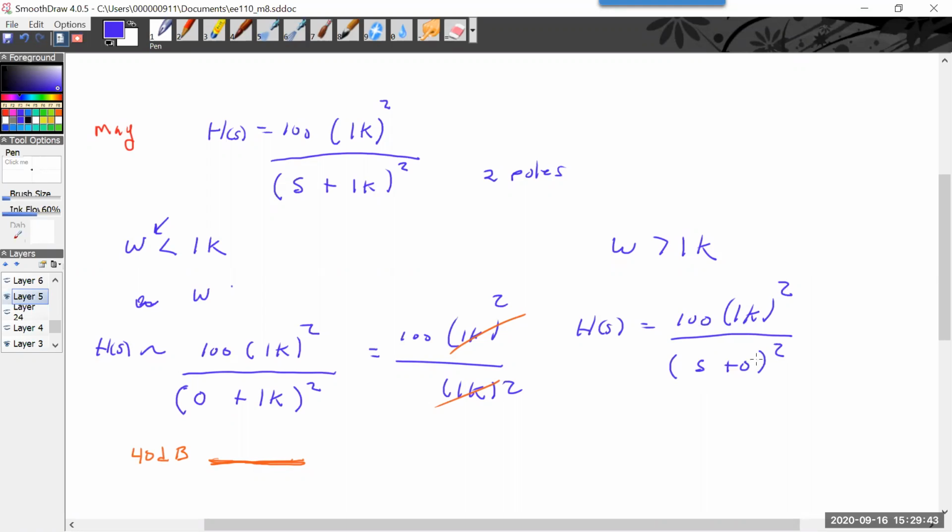These are asymptotic plots, and this is approximately. So when we find the magnitude of that, we take the absolute value, right? That's the magnitude. We have this. And we have that relationship. All right.